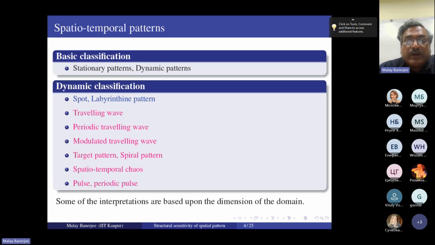Here, I just want to make one comment: sometimes these kinds of terminology like target pattern, spiral pattern, etc., are somehow related to periodic traveling wave also, or even modulated traveling wave also. Once we move to different dimensions of space, because in case of a spatiotemporal model, for simplicity, one can consider one-dimensional space, one can consider two-dimensional space.